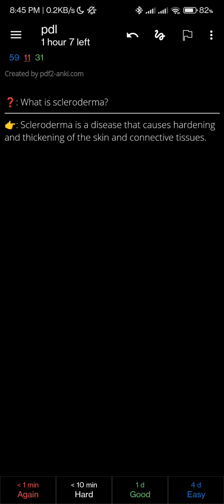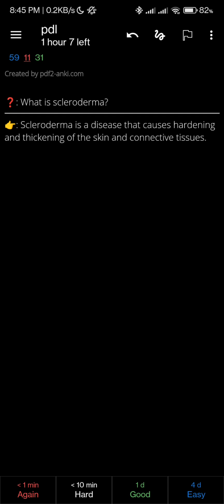No, scleroderma is actually the thickening of the skin and the mucous membrane, I think. Skin and connective tissue, yeah.